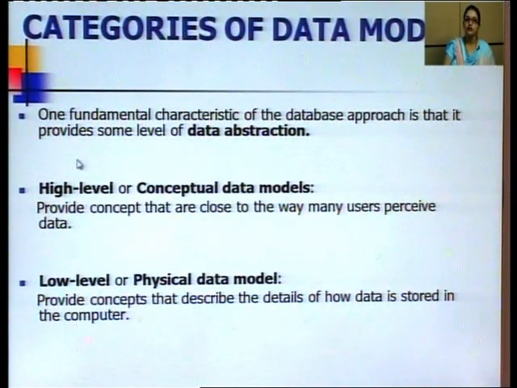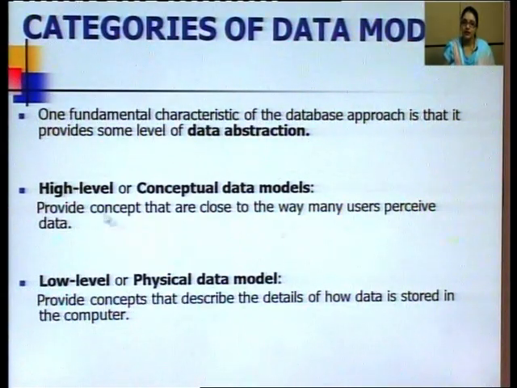Categories of data models are defined as one fundamental characteristic of the database approach is that it provides some level of data abstraction. Either it is a higher level of abstraction or a low level of abstraction.